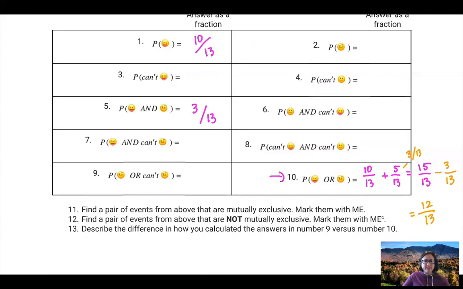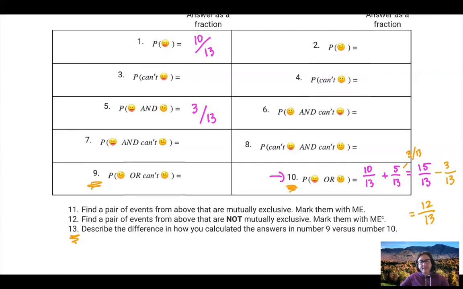All right, hopefully that's enough examples that you can get through the other few problems. Down below, you're going to have a little bit of review of what mutually exclusive means or not mutually exclusive. Number 13 asks you the difference between how you might calculate these and how you might calculate these.